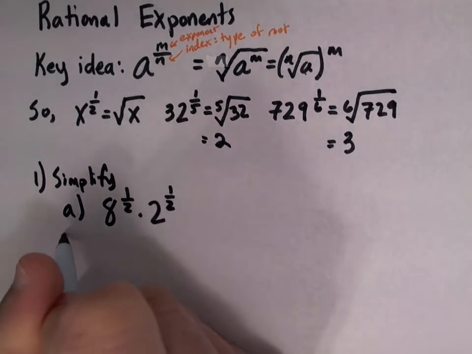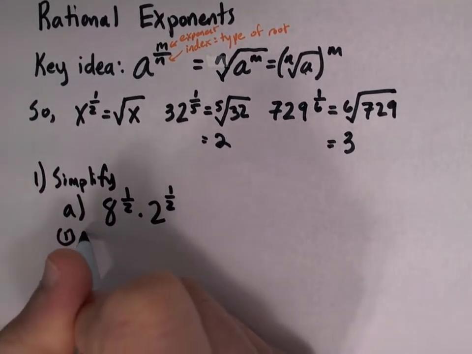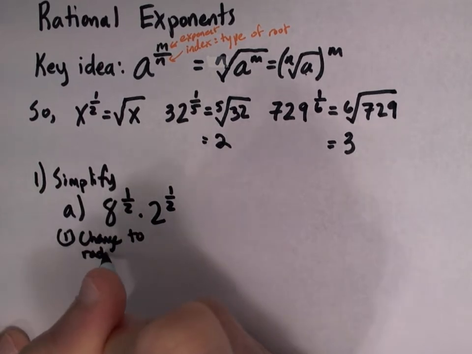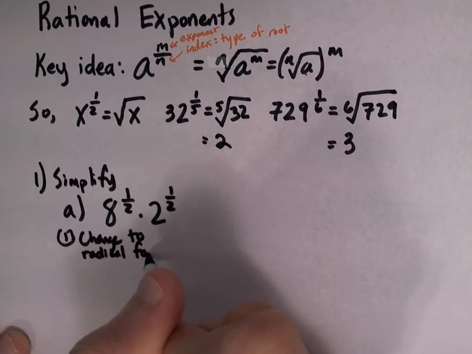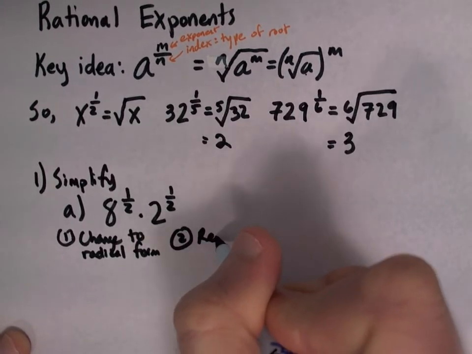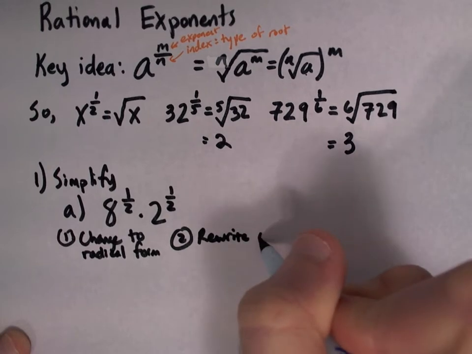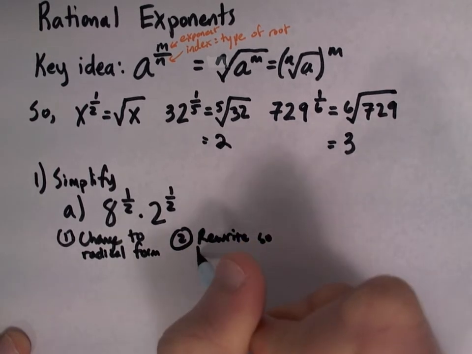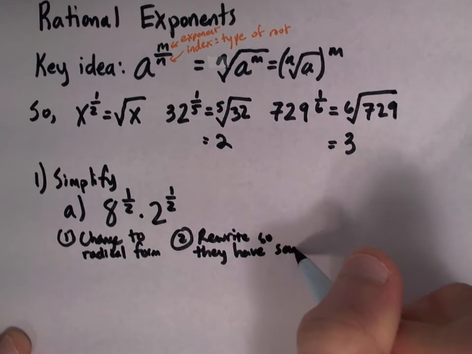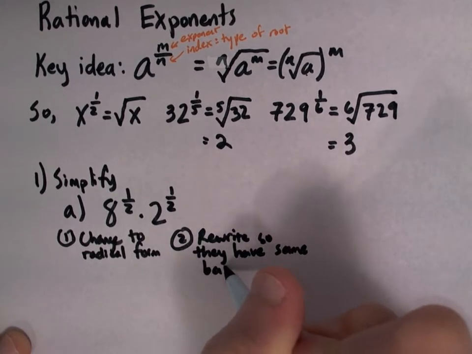So we have two options here. Number one, we can change to radical form. Or number two, we can rewrite so they have the same base.